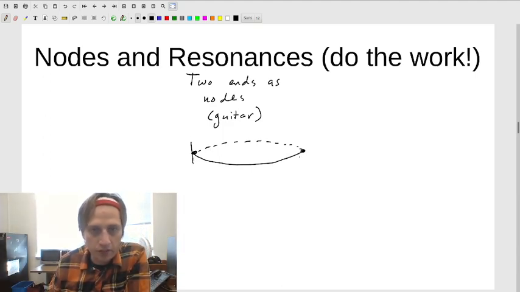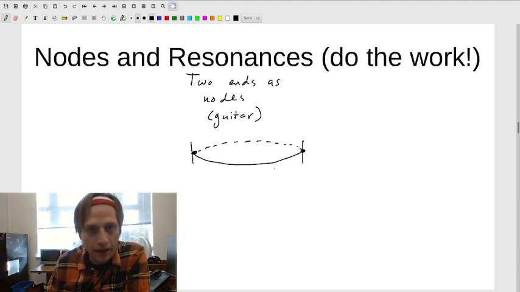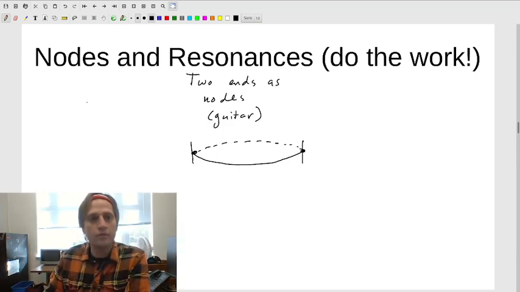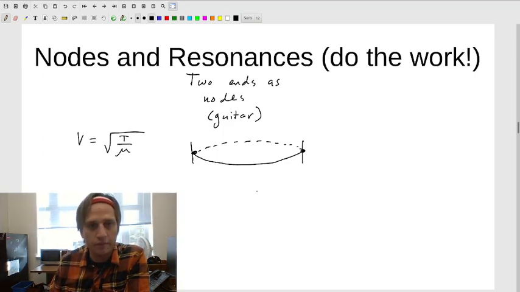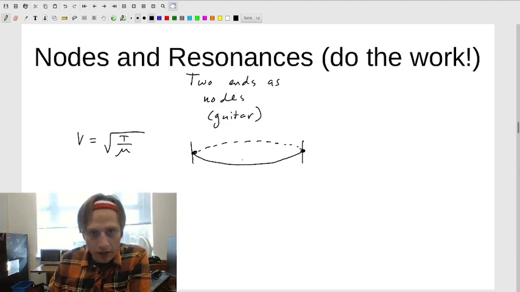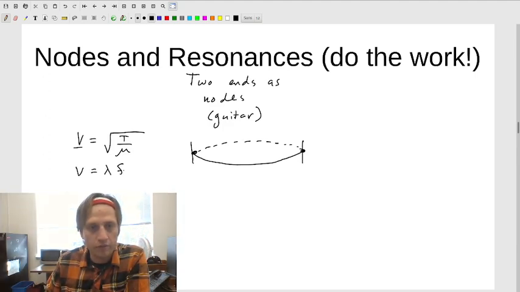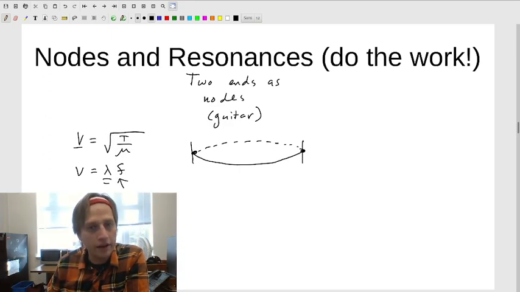And if this length is set, and the speed of the wave is already set by the tension and the linear mass density of the string, then we can find out what the wavelength is from this, and then with the addition of v equals wavelength times frequency, once we have that wavelength, we can find the frequency, and that we hear as the pitch.